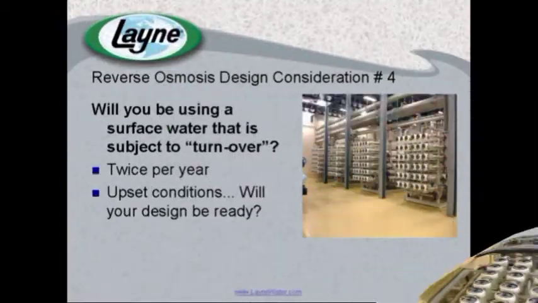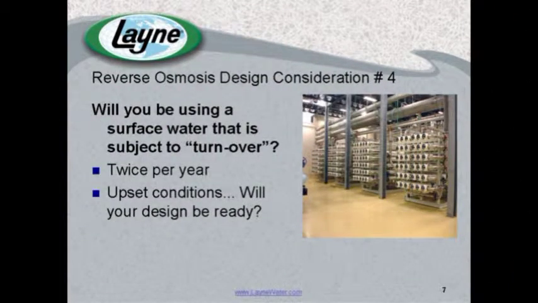Key design consideration number four: are you using a surface water? And if you are, have you monitored the quality of that surface water across multiple seasons and across multiple years? And have you, in your design, accounted for the issue of turnover?